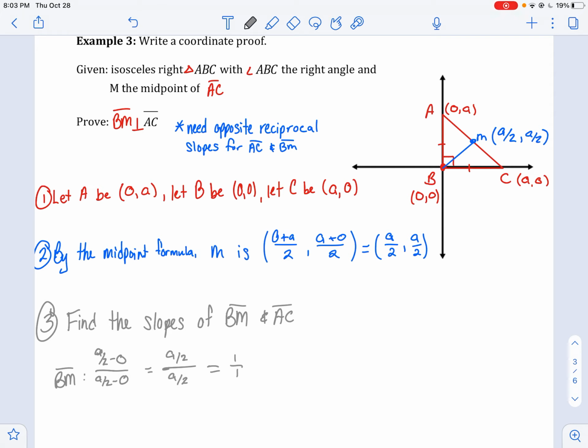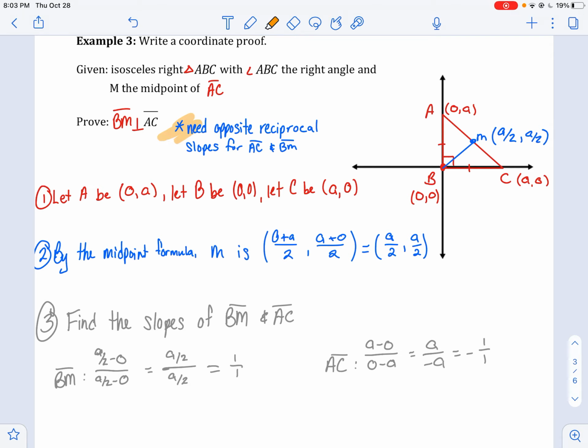It's 1, or 1 over 1. Now for AC, I've got y2 minus y1 over x2 minus x1, which is a over negative a. Anything divided by itself is 1, but I have a negative, so this is negative 1 over 1.